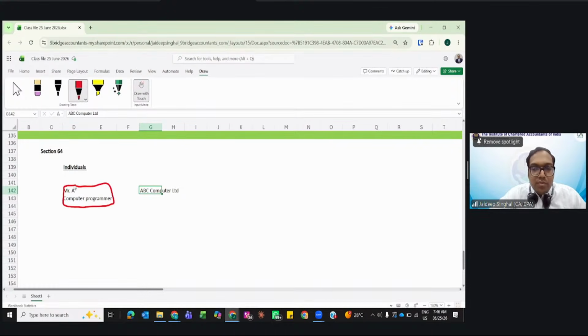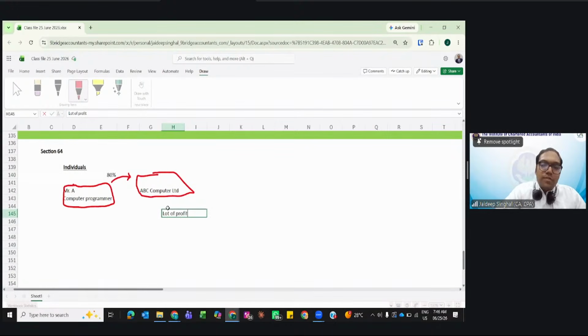Let's suppose he owns 80% of this company. Now, this ABC Computer Limited has a lot of profits and wants to claim expenses to reduce taxable income.